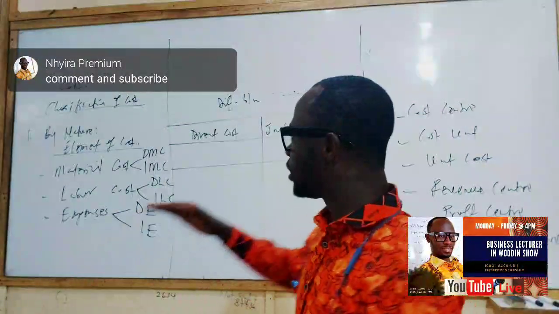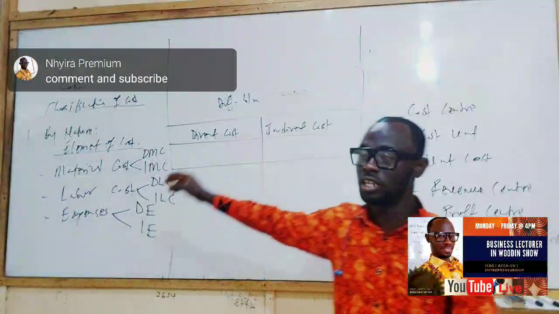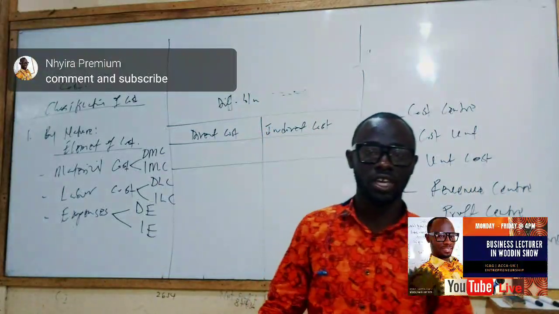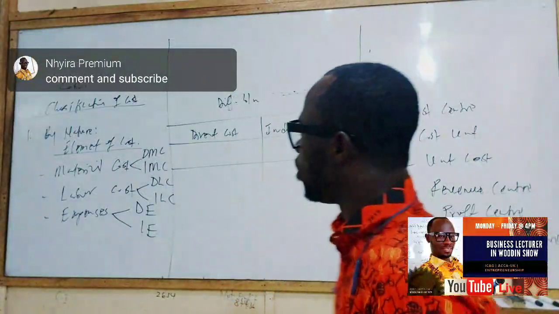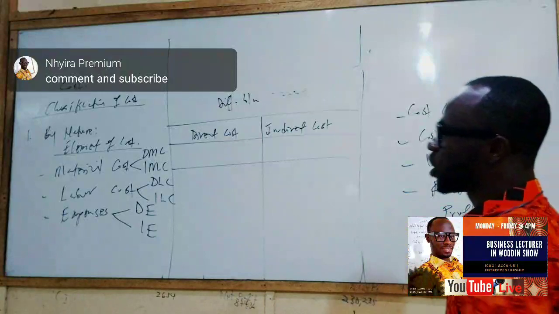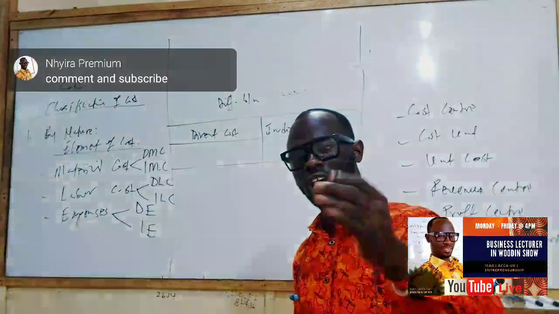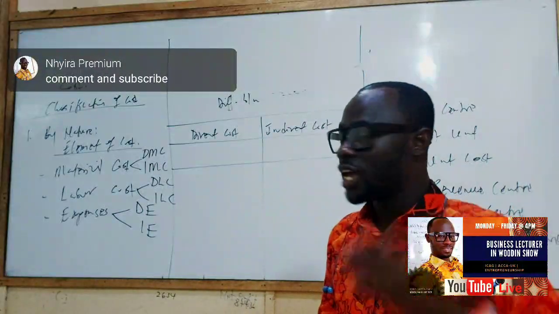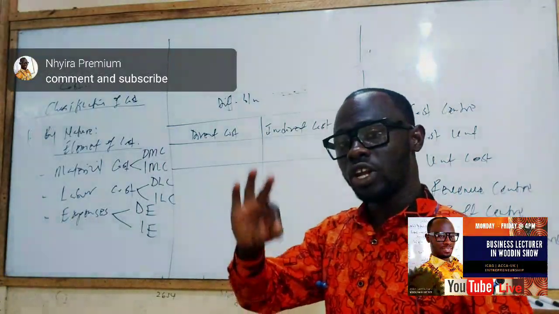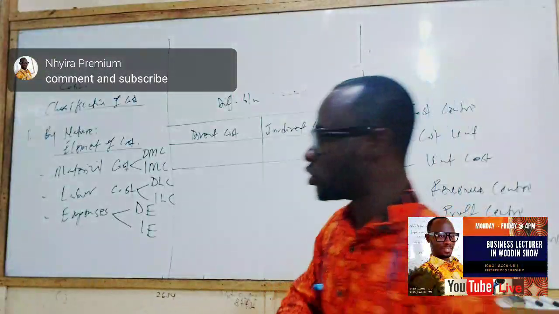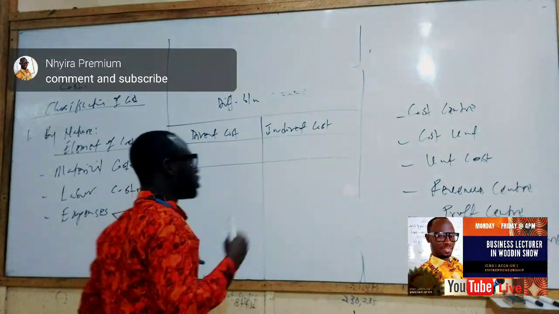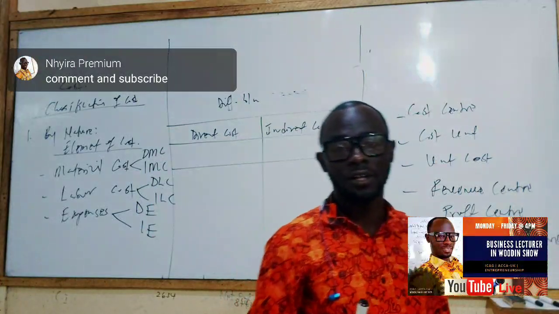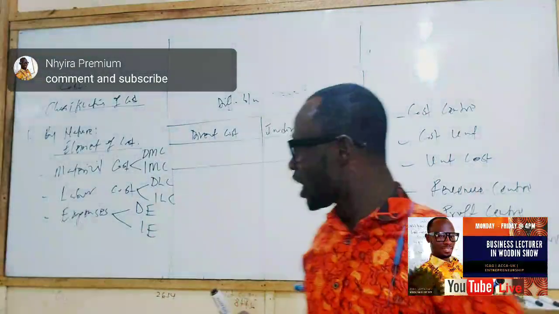And I'm looking today at management accounting, and we are looking at cost classification, and we've discussed a couple of issues in relation to classification of cost by nature. I said classification of cost by nature is where we classify cost according to the what? The elements of cost. And we said there are three elements of cost: material cost, labor cost, and expenses.